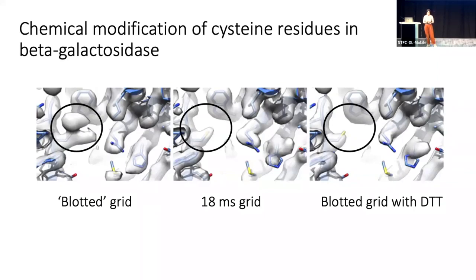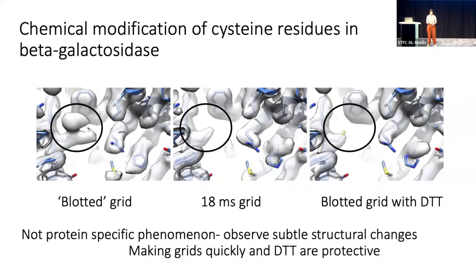So I think that gave us a good indication that what we were seeing was not a protein-specific phenomenon. And really interestingly, we were finding consistently that either making grids quickly or introducing a reducing agent was essentially protective. And the addition of the reducing agent, I think, gave us quite a lot of confidence that probably what we were looking at was oxidation within the thin film environment.